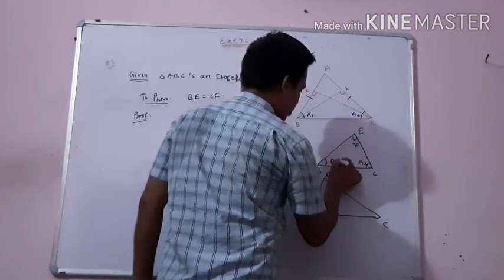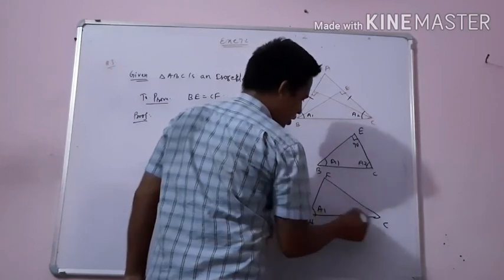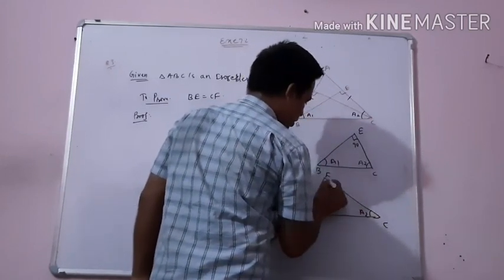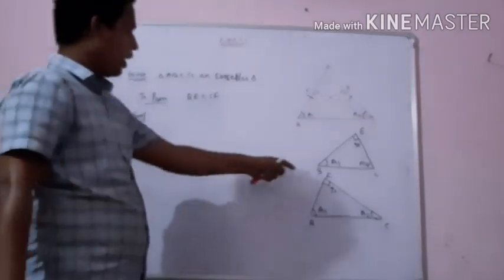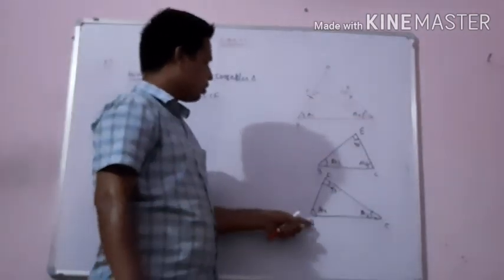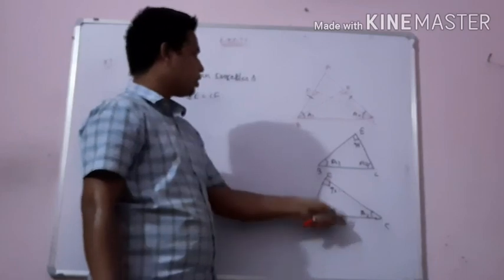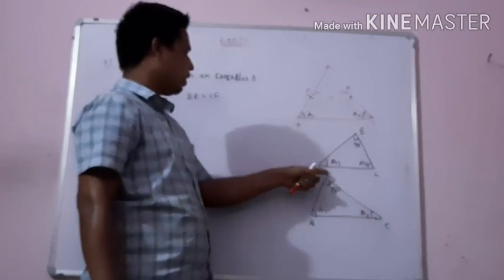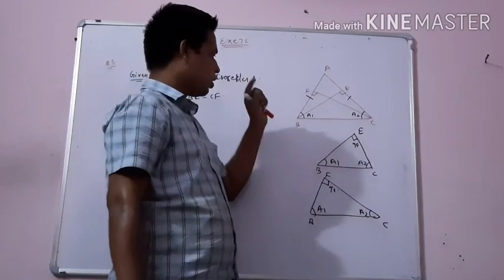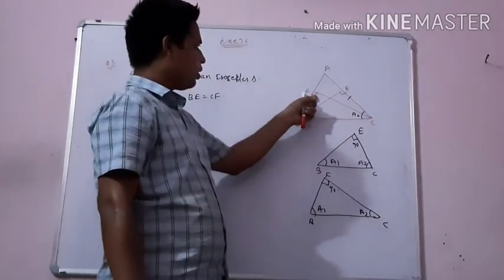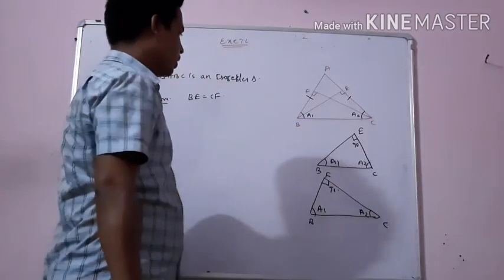This is A1, and this is 90 degrees. Now when you see triangles BEC and BFC, you will get BC common, and this angle is equal to this, and this is equal to this 90 degrees.